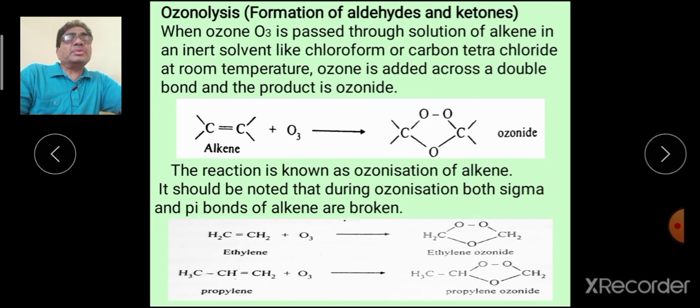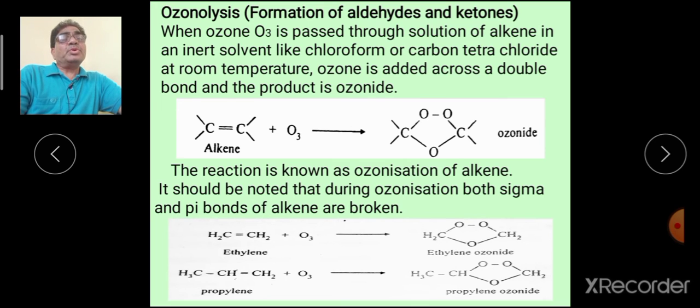Now, the next reaction is ozonolysis, that is, formation of aldehydes and ketones. Ozone O3 is passed through the solution of alkene in an inert solvent like chloroform or carbon tetrachloride at room temperature.